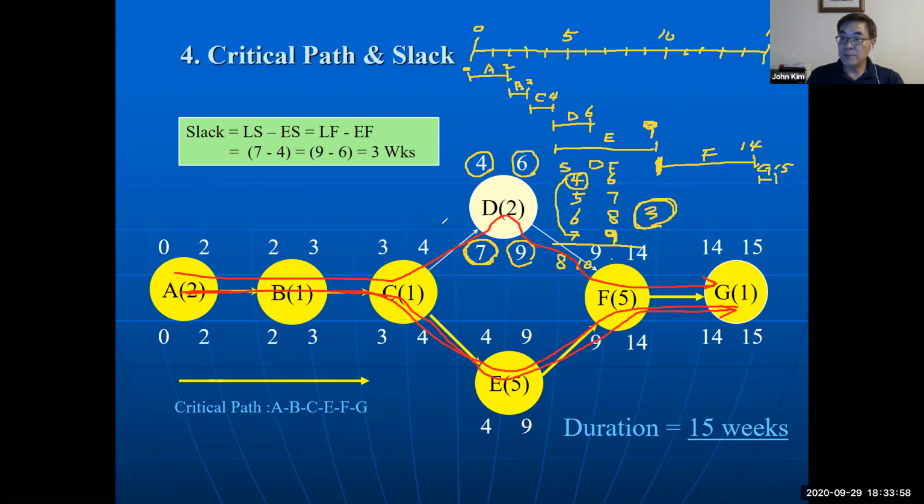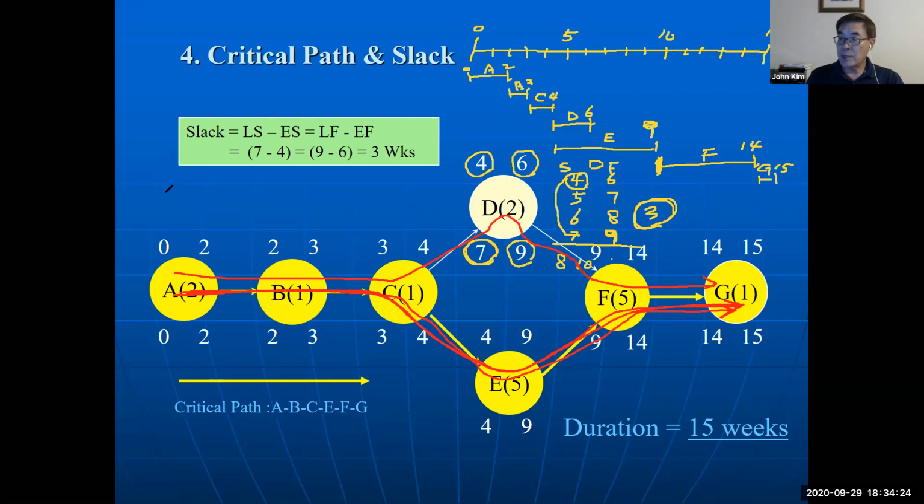So in project management, schedule these activities carefully because they are critical. And then the critical path length, or duration: there are two possible paths.